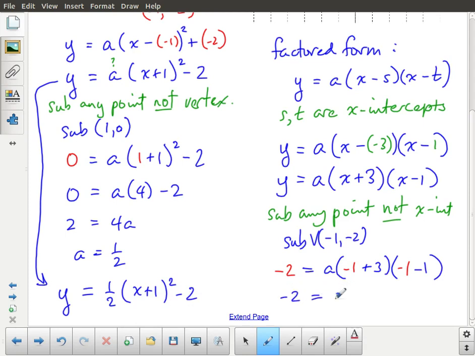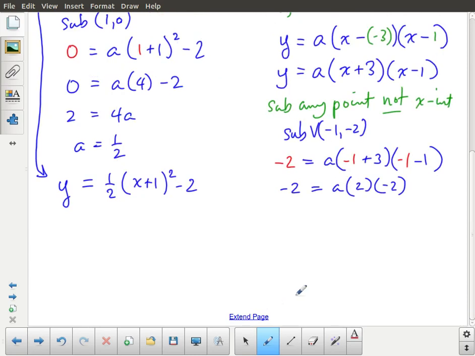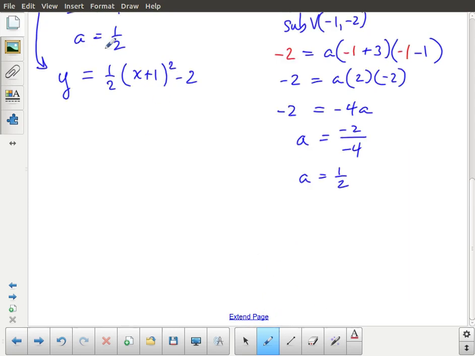-2 equals a(-1 plus 3 is 2)(-1 minus 1 is -2). So I get -2 is equal to 2 times -2, which is -4a. So a is equal to -2 divided by -4, which is equal to positive 1/2, which is, not surprisingly, the exact same result we got when we calculated the a value with vertex form, because these are the same a values.